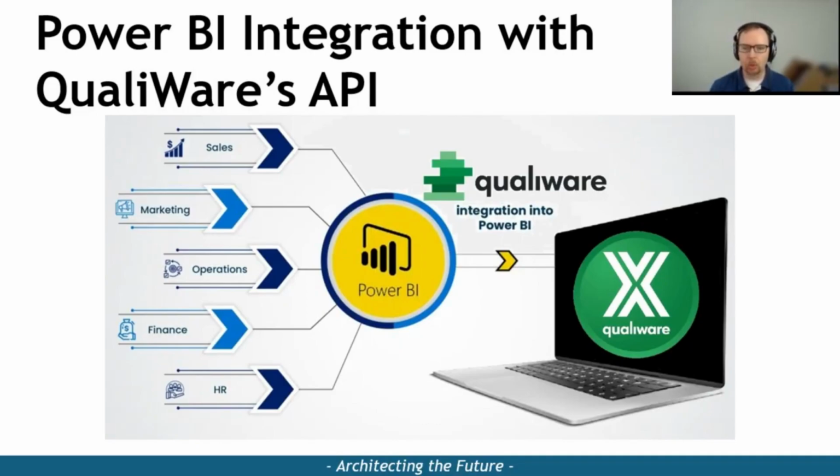The value of this is to get business insights on QualiWare information, so we don't have to redo our business logic, while leveraging the power of Power BI and allowing alternative options for modeling, because QualiWare certainly has its strengths for large-scale modeling in your existing ecosystem.